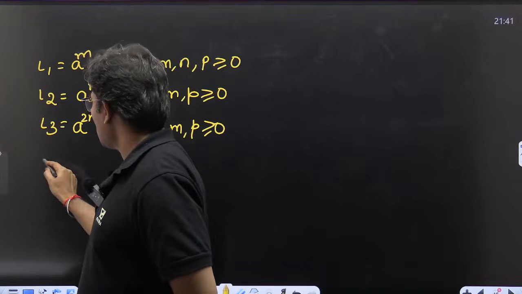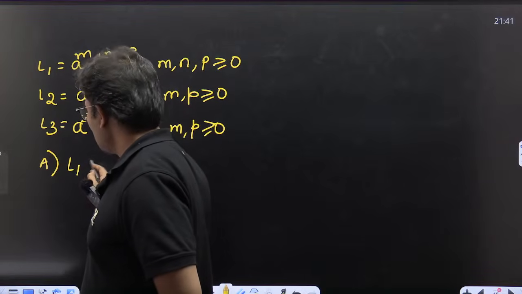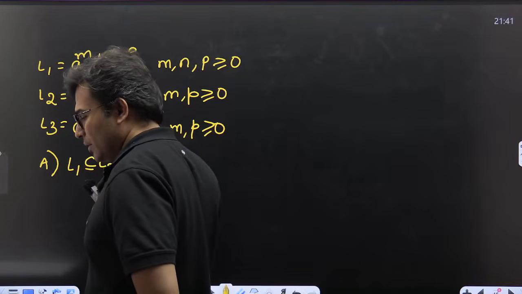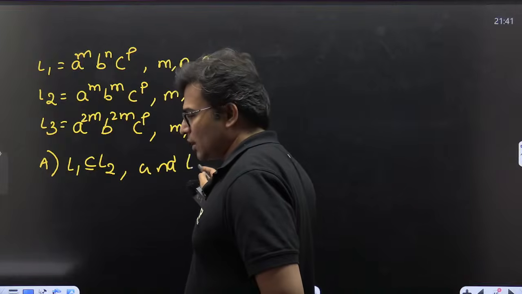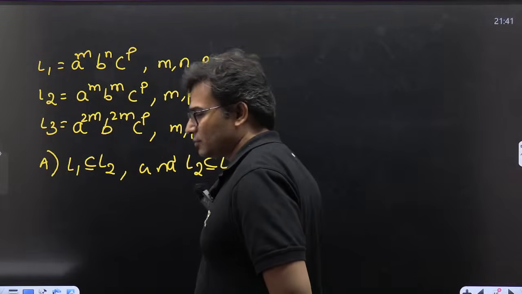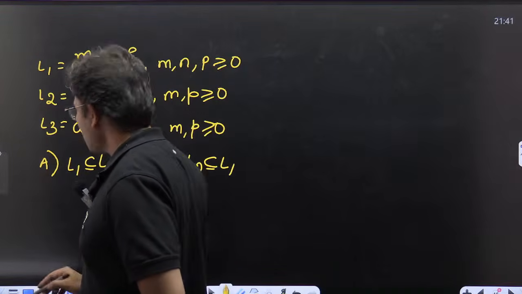Now options are: A, L1 is a subset of L2 and L2 is a subset of L1. Which of the following are correct?